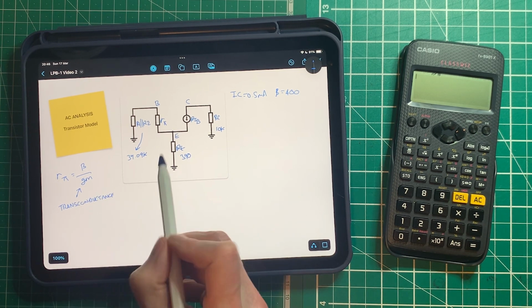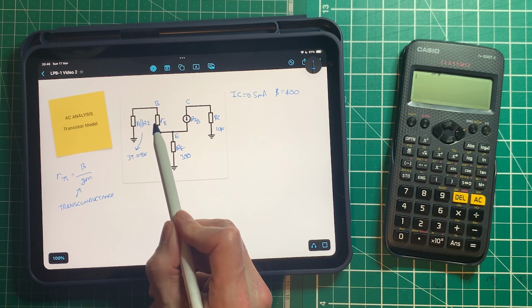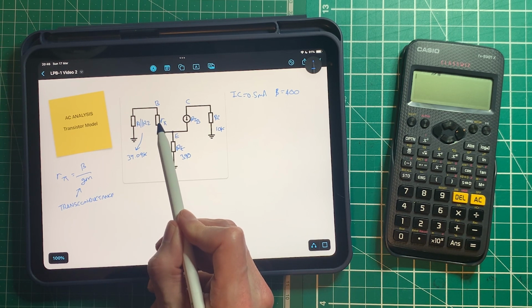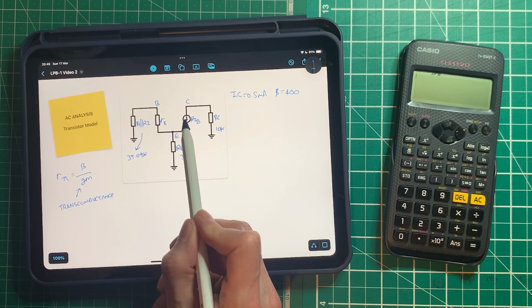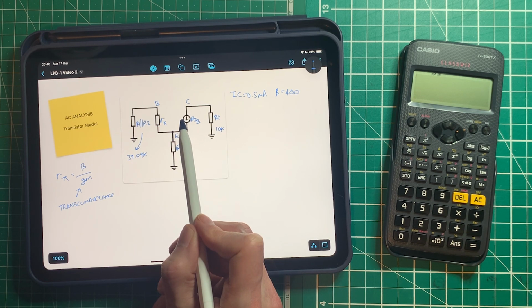Now if you look at our model, we've got a current here running through R pi, and we're controlling a bigger current source here. So we're current controlled current source, which makes sense for a bipolar junction transistor, but wouldn't make sense if we were using a FET, which theoretically draws no current.